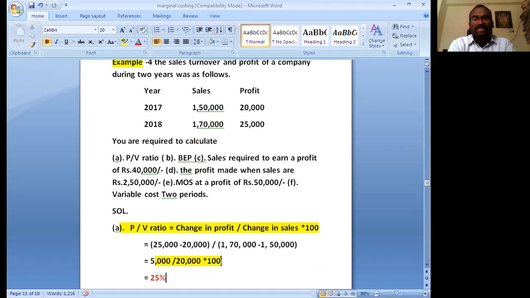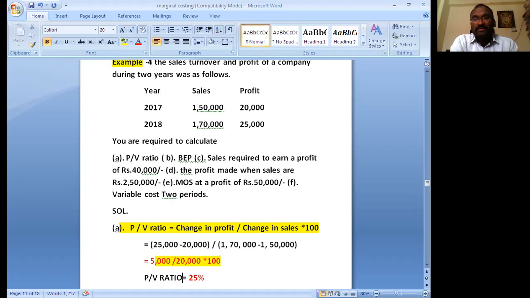Now you get 5,000 divided by 20,000 into 100, which is 25%. The 25% is the PV ratio. So the first bit is completed.